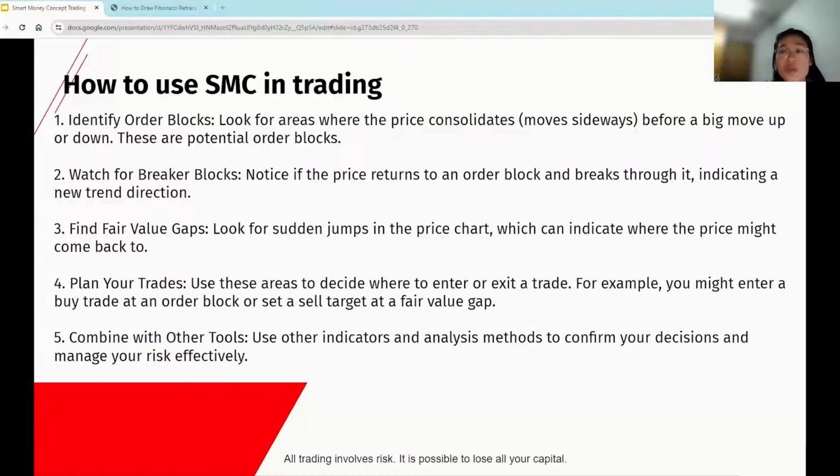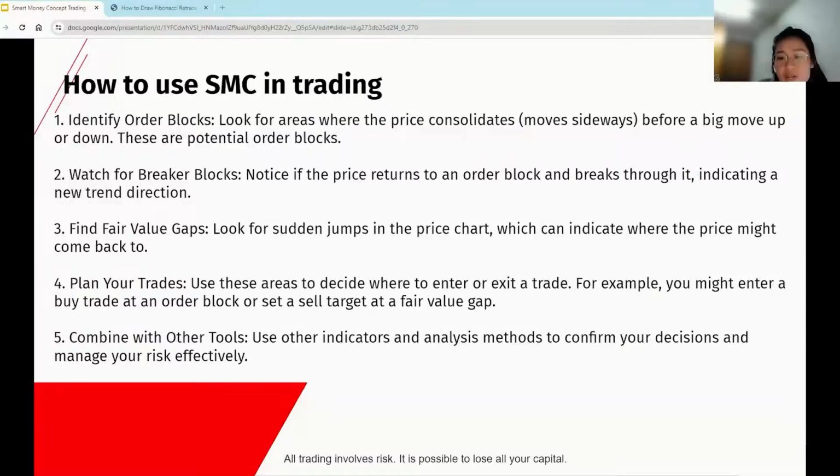Next, you want to watch for breaker blocks. So you want to notice if the price returns to an order block and breaks through it, indicating a new trend direction. Number three, you want to find fair value gaps. Look for sudden jumps in the price chart, which can indicate where the price might come back to. And number four, plan your trades.